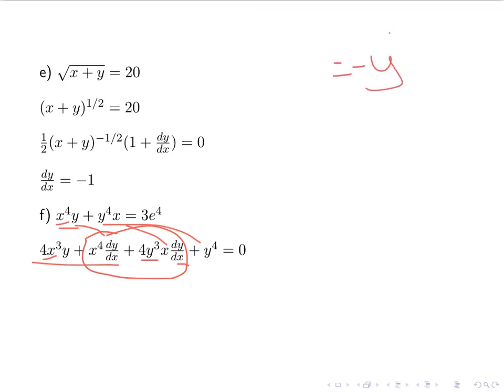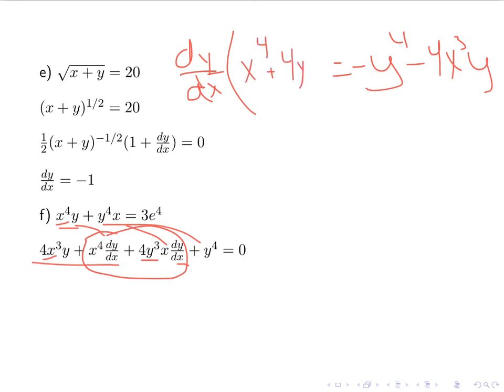So I'm going to have a negative y to the 4th minus 4x cubed y on the right. On the left, I have two terms that both have a dy/dx, so I'm going to factor it out. And I'm left with x to the 4th plus 4y cubed x.